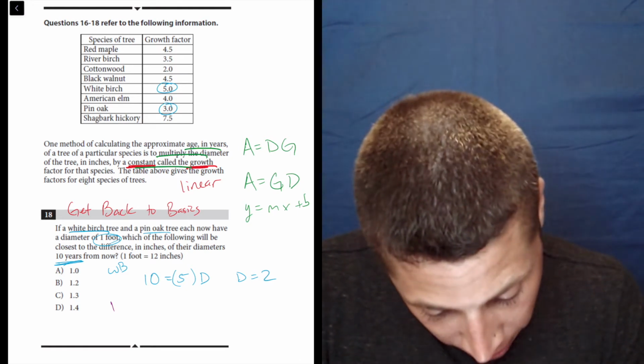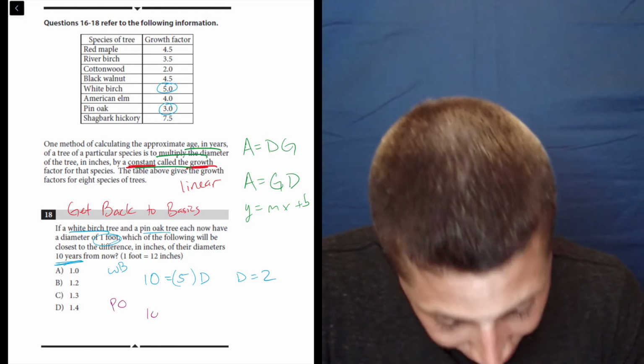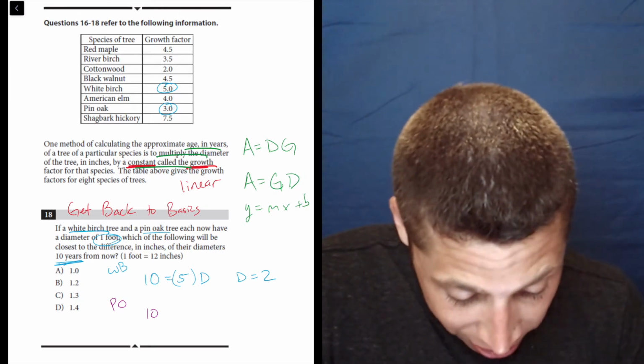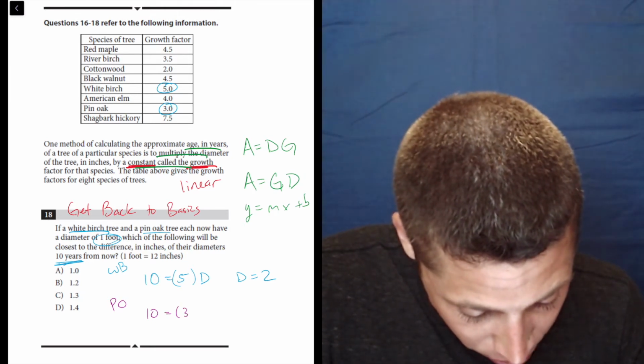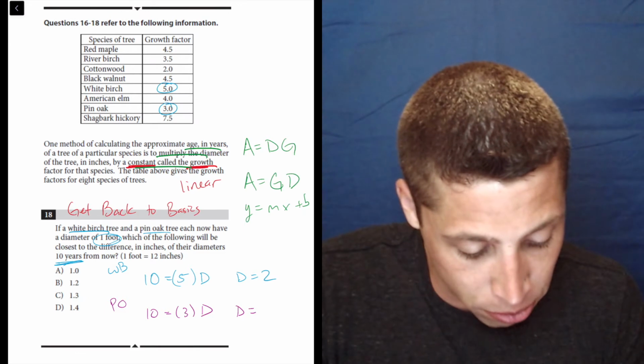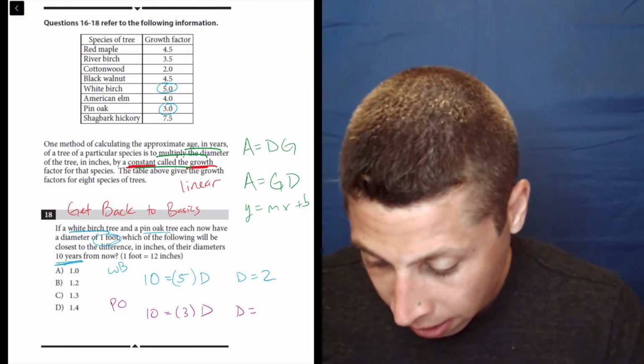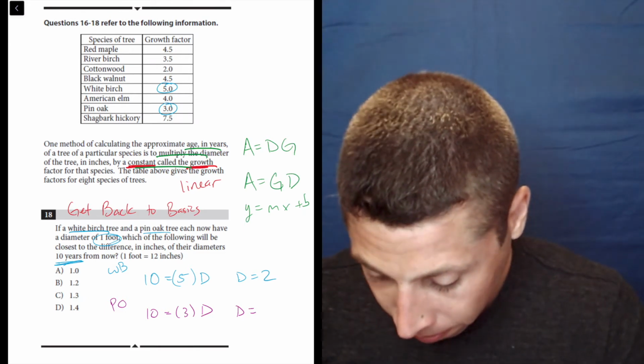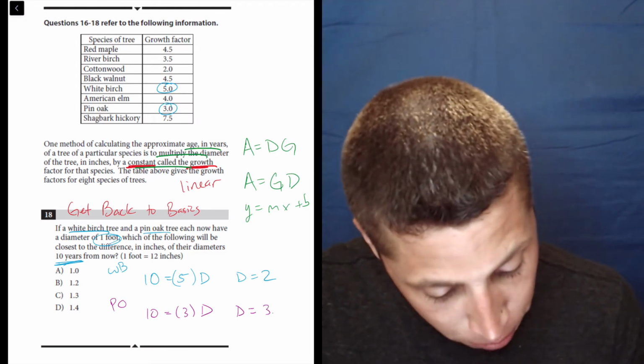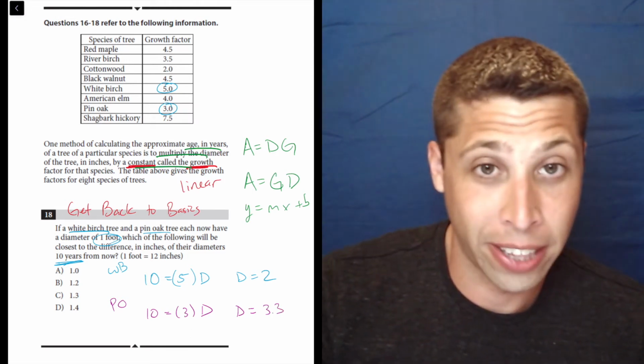And then if I have the pin oak, the 10 years, it's going to grow at a different rate. It's going to grow at whatever this 3 is, and we have to maybe use the calculator for that. 10 divided by 3 is 3.3. There, we'll just leave it at that.